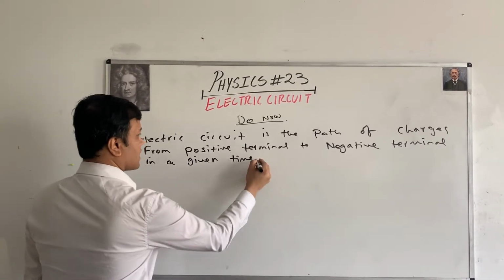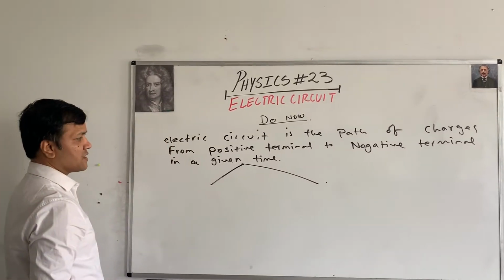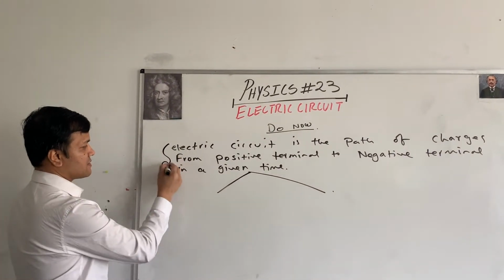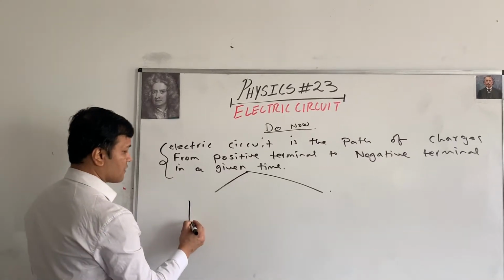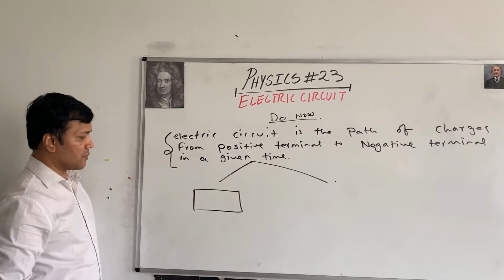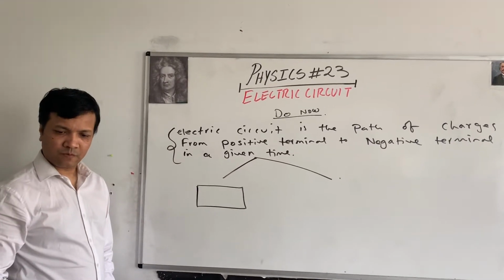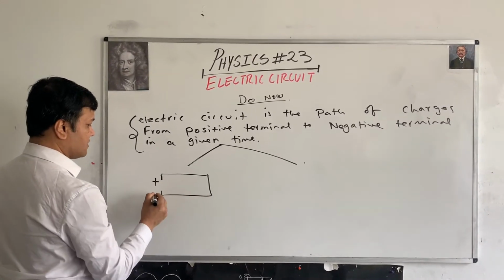Okay, now we're gonna quickly draw the picture version of this. How can you draw the picture version of this definition of electric circuit? We start with a triangle. And what are we gonna put in the triangle? Terminals. So we have two terminals, positive and negative.